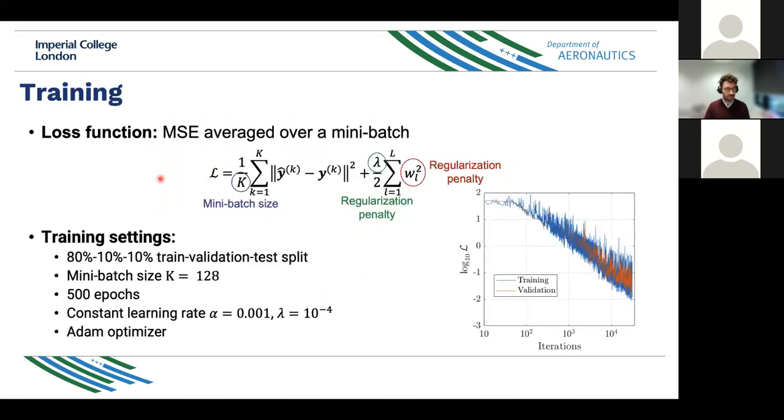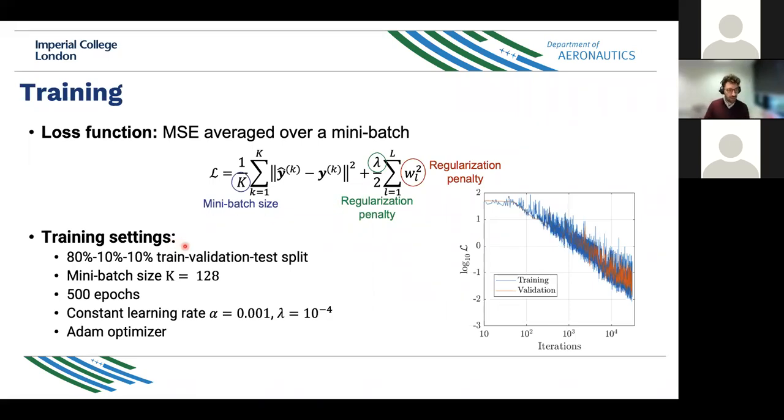This is a regression problem, of course. So we chose the mean square error as a loss function, averaged over each mini batch, and we also add a small regularization penalty just to avoid overfitting to the data set.